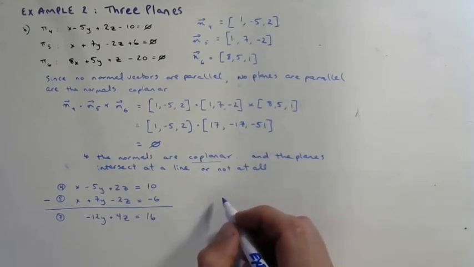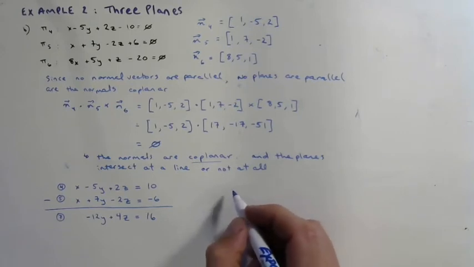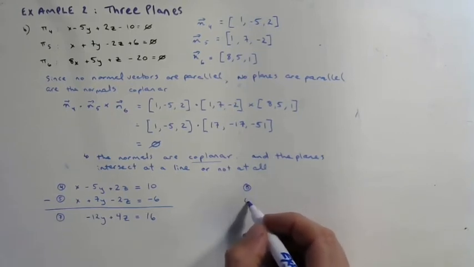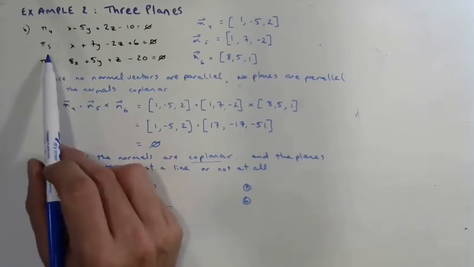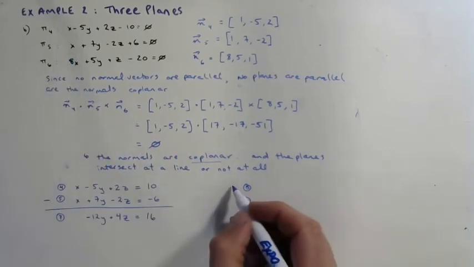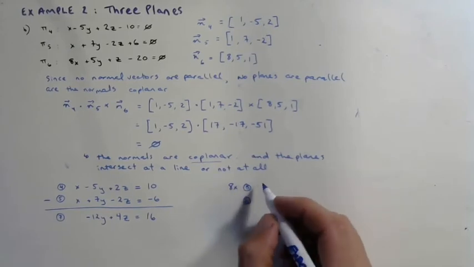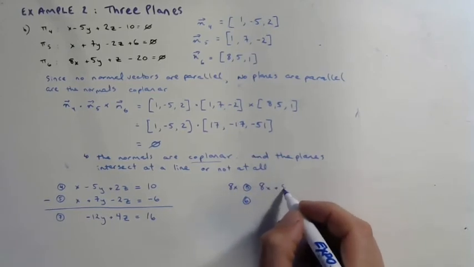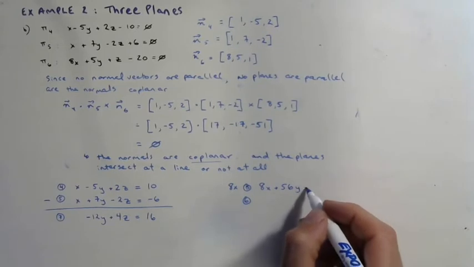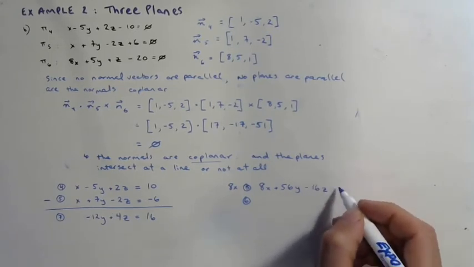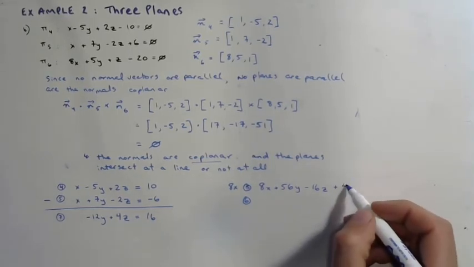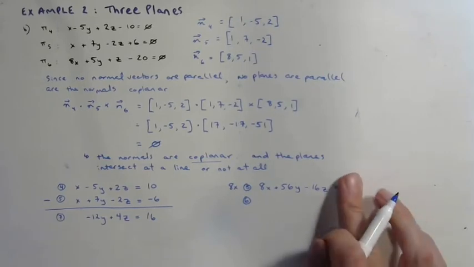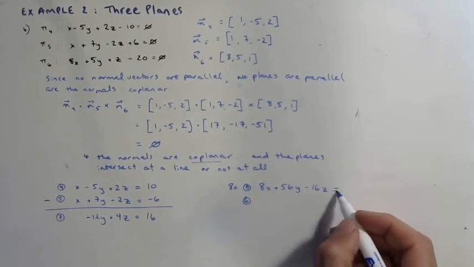And I'm going to go over here and I'm going to use equation 5 and equation 6, but I'm trying to eliminate x. So I'm going to need to multiply equation 5 by 8. All right, so we've got 8x plus 56y minus 16z plus 48, and I put that on the other side, so I'm going to subtract 48 from both sides.